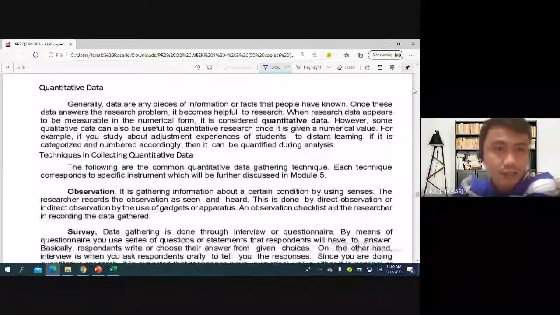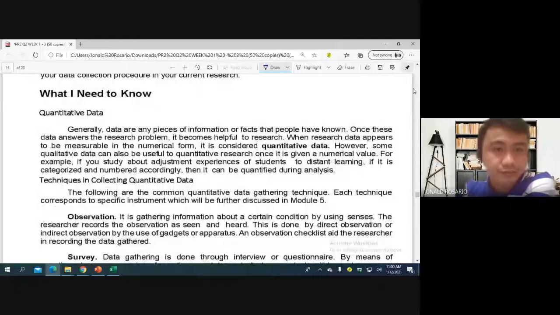So, what you need to know? Generally, data are any pieces of information or facts that people have known. Once this data answers the research problem, it becomes helpful to research. When research data appears to be measurable in numerical form, it is considered quantitative data.